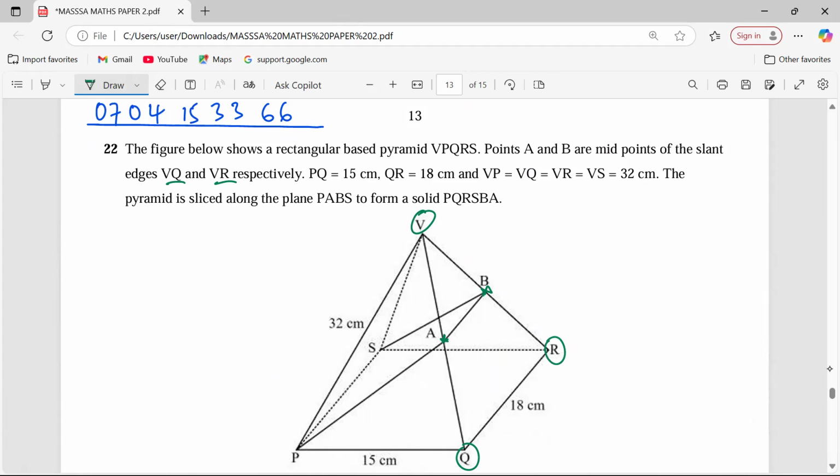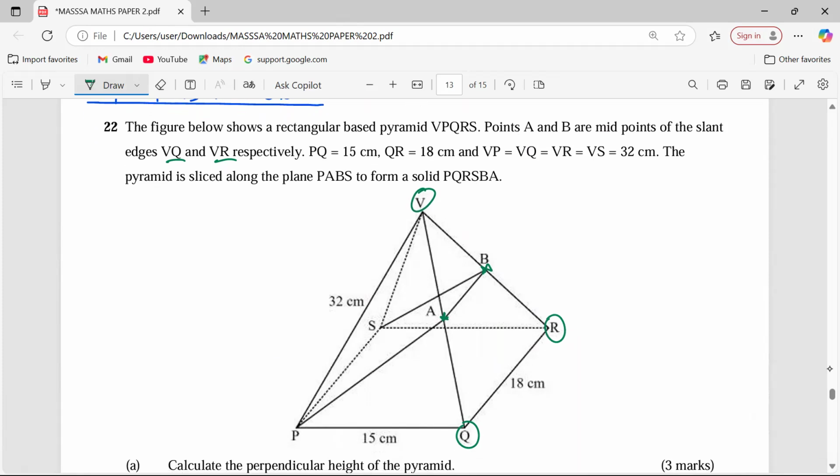PQ equals 15 centimeters, as you can see on the diagram. QR equals 18. Then VP equals VQ equals VR equals VS, which is equal to 32. So all the slanting edges are 32 centimeters.